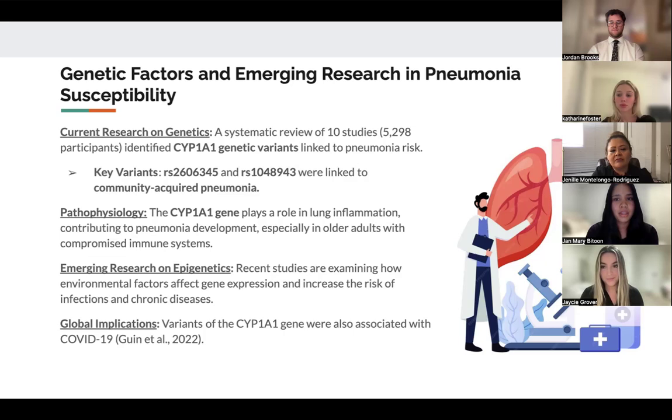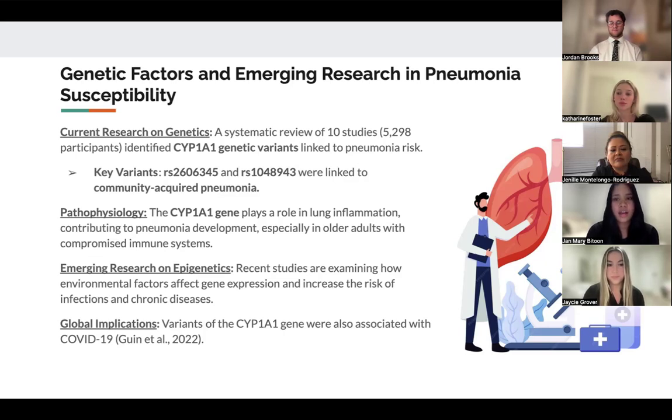CYP1A1 is an enzyme that our bodies naturally produce to help break down harmful chemicals, particularly from smoke and pollution. Many studies suggest that variations in this gene may increase the risk of lung inflammation and respiratory infections, especially in those with COPD.